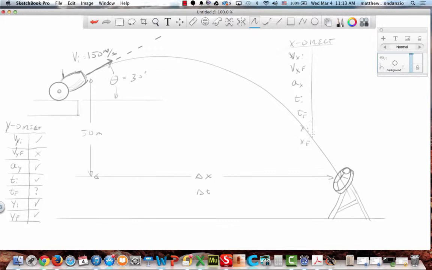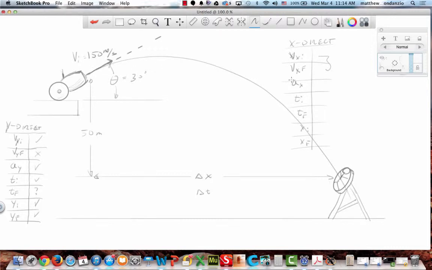Set that up. What's my vx initial and vx final? What's interesting about those? My velocity in the x initial and velocity in the x final should be the same, right? I can figure those out from this velocity, correct?